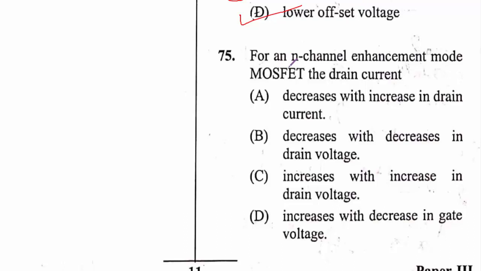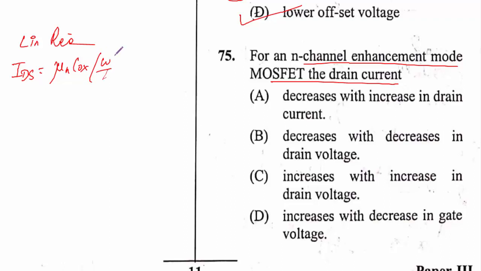Last question. For an N-channel enhancement mode MOSFET, we know that in the case of linear region, current is given by IDS equals mu n Cox into W by L into (VGS minus VTH) into VDS minus VDS squared by 2. So this is in linear region, where W by L ratio is called as aspect ratio.